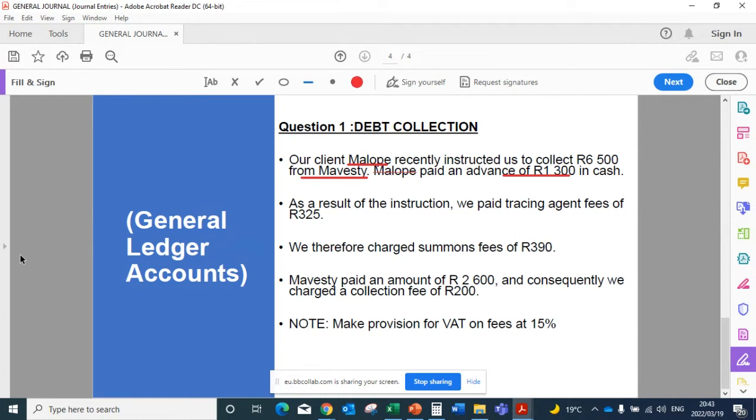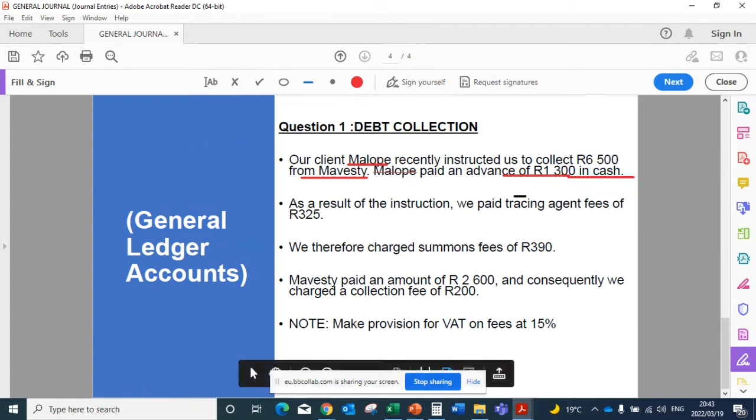So automatically you must make sure that you separate that money from the business money. So therefore, this amount of 1,300 will be part of the trust books. So it means the bank account of the trust will be affected. Why do I say bank account? Because this is cash. Cash will always go to the bank.